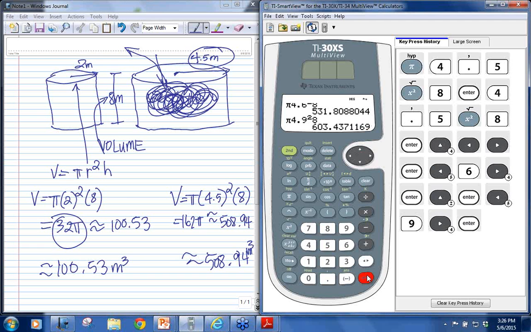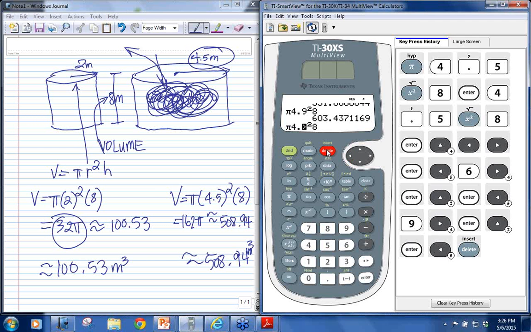And now it's changed. What if I wanted to delete the 0.9? I scroll up there, press enter again, and I just want to delete the 0.9 to get 4 squared. That's when you use the delete button. Delete, then scroll over and delete again.